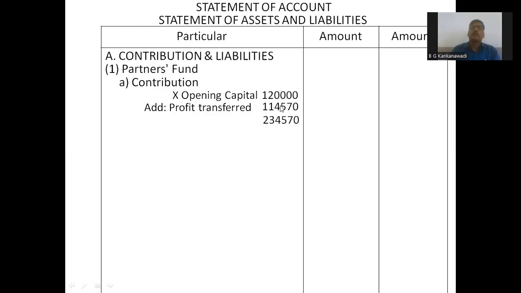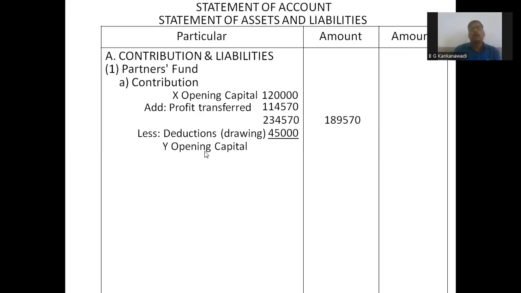The total of this is 2,34,570. Total of these two. No salary, no interest, nothing. So next, drawing. Drawing 45,000 you deduct. Balance is 1,89,570. First partner. Second partner Y's capital is 1,20,000. His share of profit is 76,380.